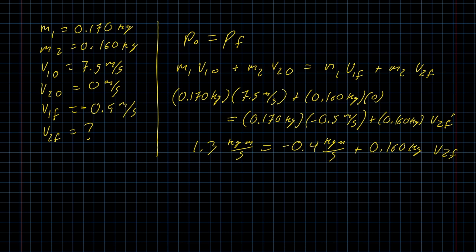Move the constant over to the left-hand side. 1.3 minus negative 0.4 is positive 1.7. And then get V2F by itself by dividing both sides of the equation by 0.160.